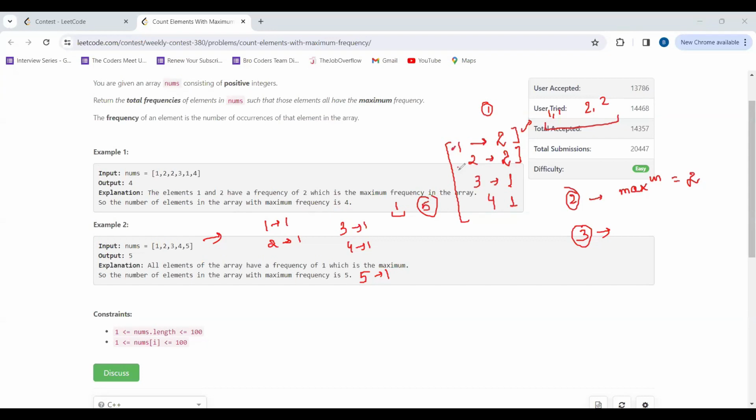So here 1 and 2, these two have maximum frequency 2. So in total how many elements are there? We can calculate the total elements as 2 times 2, which is the frequency multiplied by the number of elements which have the same frequency. So yeah, I hope the question is very much clear.